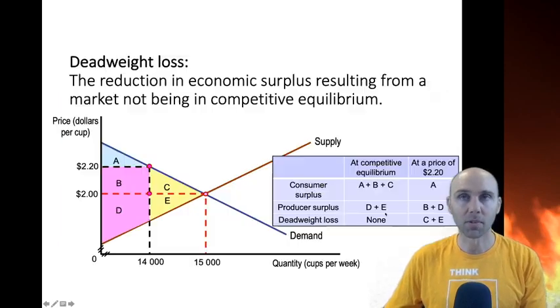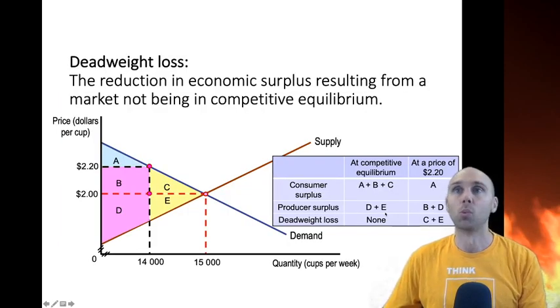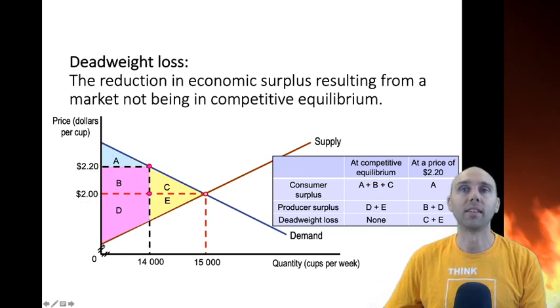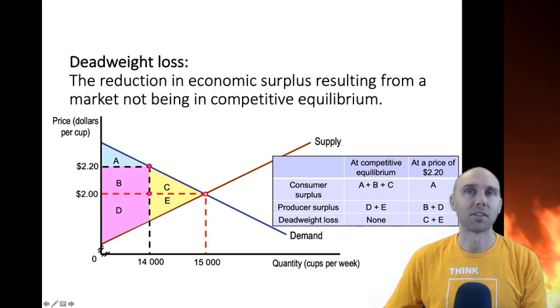If we think in terms of our graph that we've become reasonably familiar with now, we can see that the total surplus that we had before was made up of all of these colored shapes, essentially, if we're at this equilibrium point. So above this dotted line and going up to the triangle, A plus B plus C, that's the consumer surplus. And below that dotted line, D plus E, that's the producer surplus.